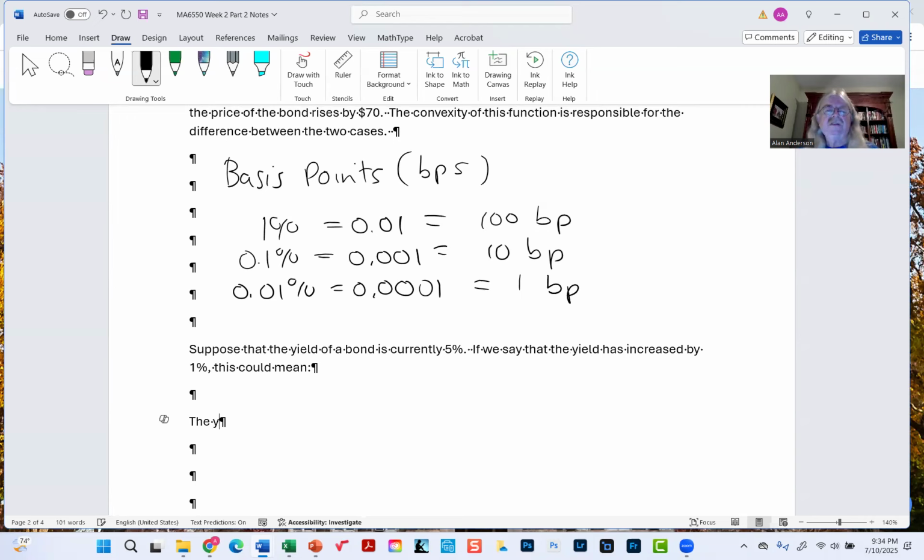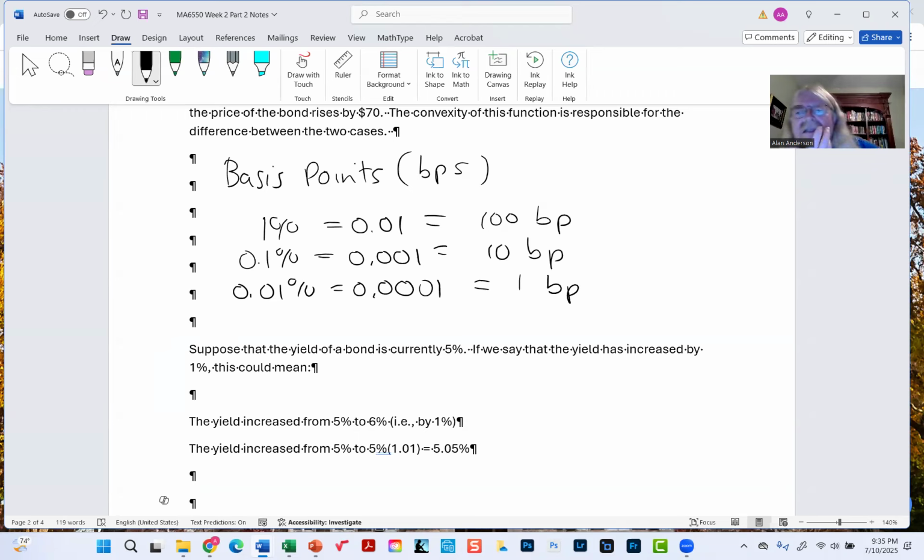The yield increased from 5 to 6, meaning by 1%, or the yield increased by 1% of 5%, from 5% to 5.05%.